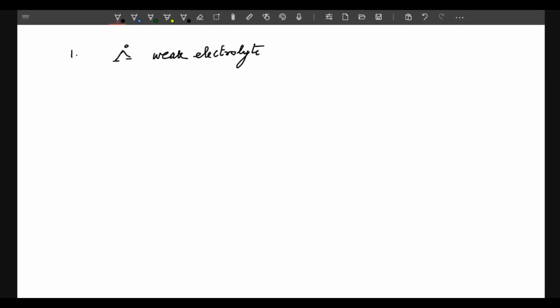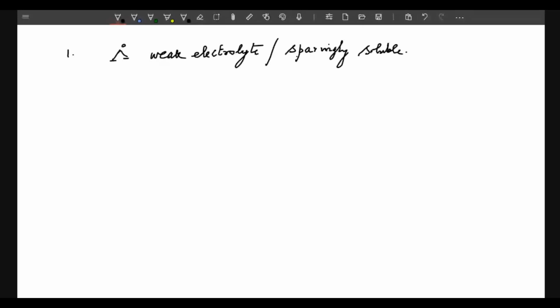For strong electrolyte, we have already seen; for weak electrolyte or sparingly soluble salt, it can be theoretically calculated. How is it possible to calculate for a sparingly soluble salt? I am going to give you one problem, then we will see how.